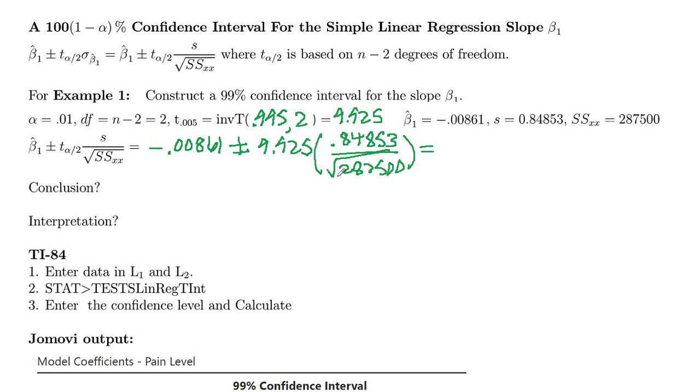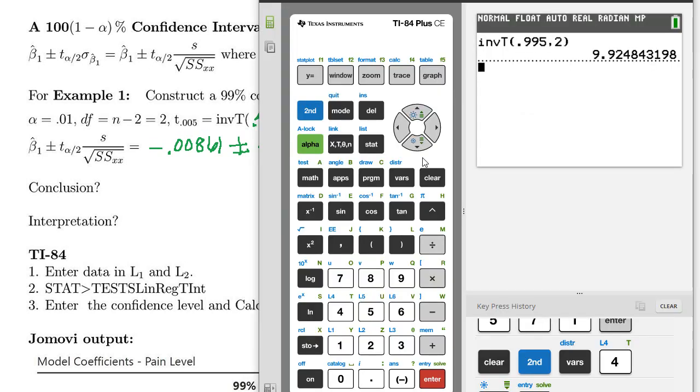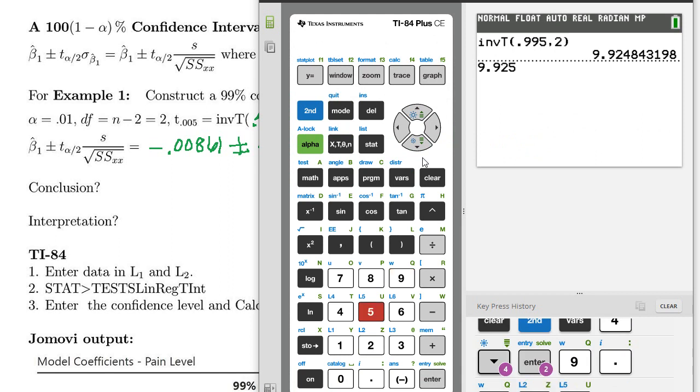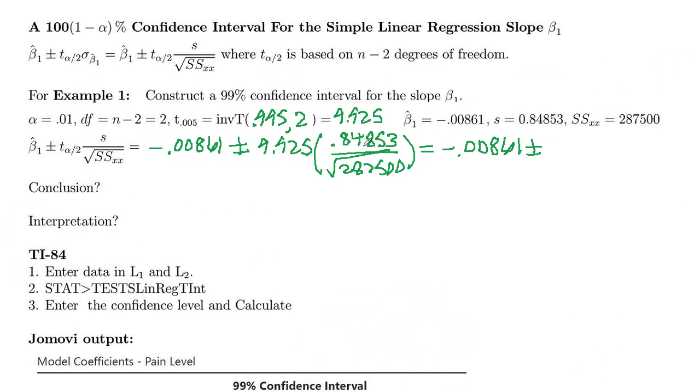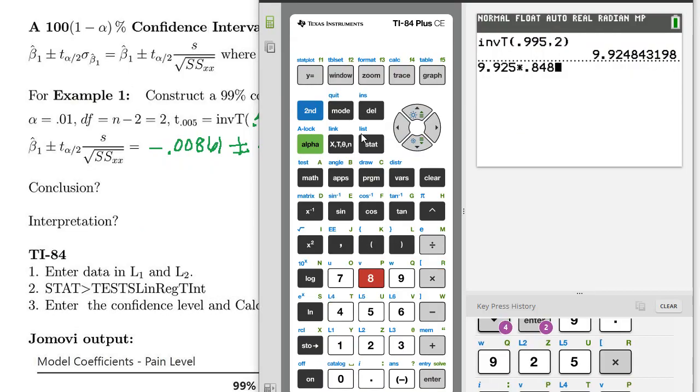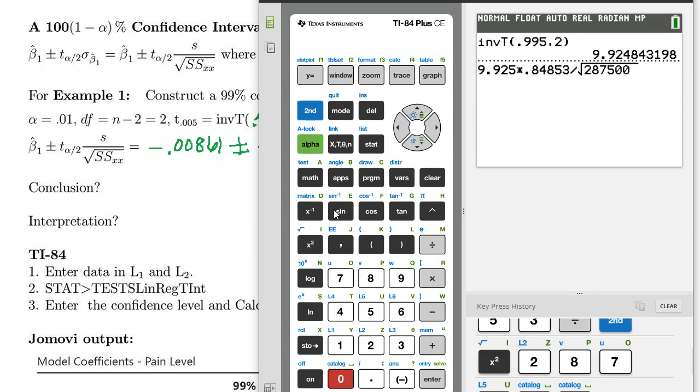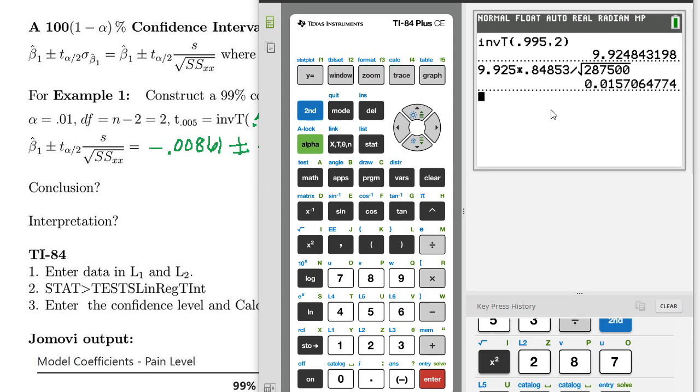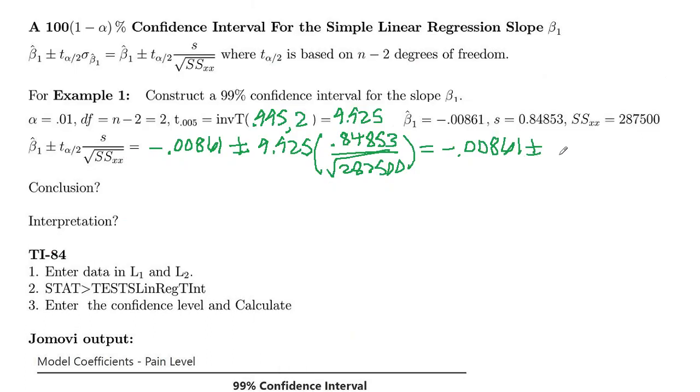So let's go ahead and compute this margin of error. Negative 0.00861 plus or minus. That margin of error will be 9.925 times our 0.84853 divided by the square root of 287,500. So that is 0.01571.